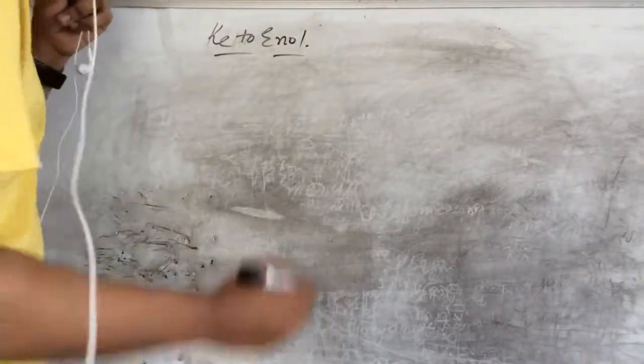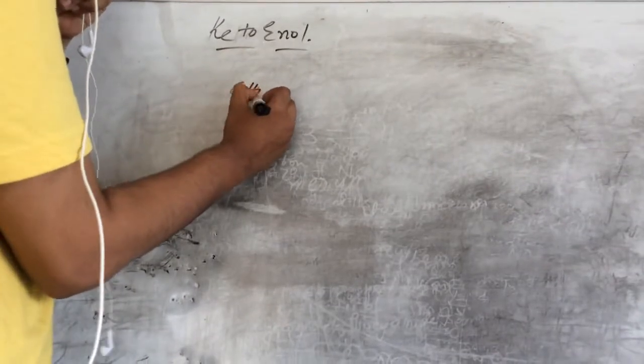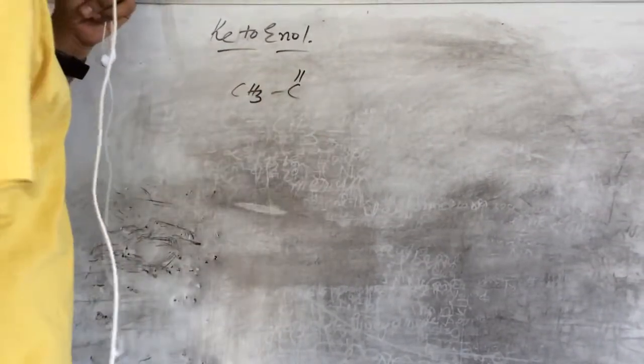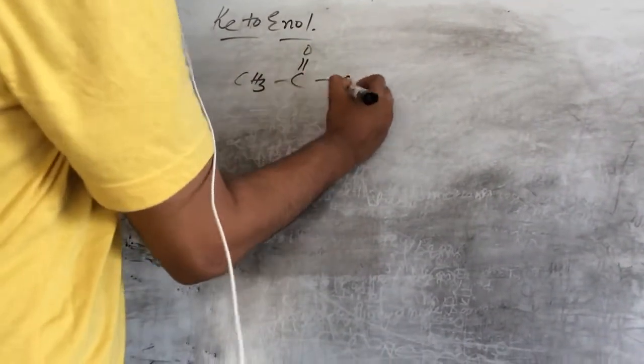As we discussed the keto-enol tautomerism, what is the basic requirement for keto-enol tautomerism to take place?